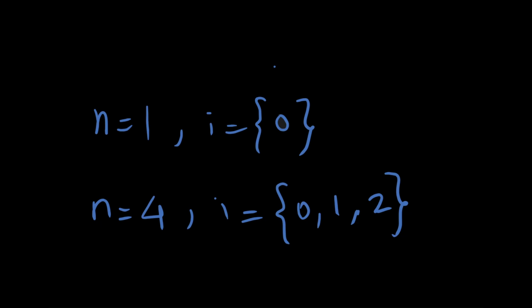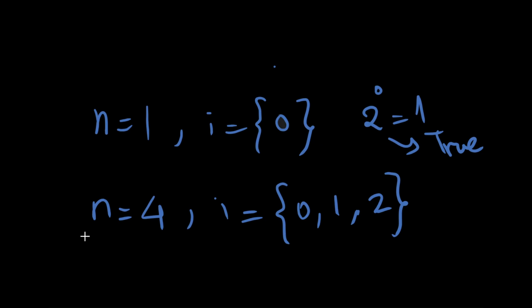In every iteration, we want to check if 2 to the power of i is equal to the value of n. So in this case, at the first iteration, 2 to the power 0 is equal to 1. That means it's equal to n, and in that case, we return true.